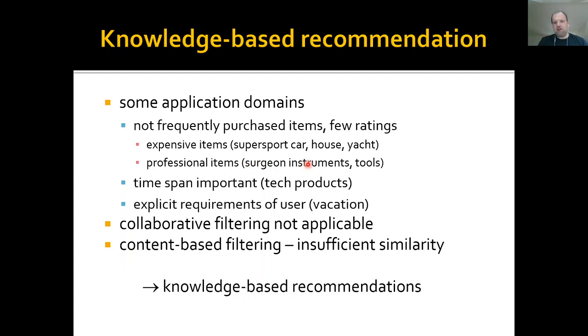The same is for professional items. If a surgeon needs some instruments, they probably will not have enough recommendations by other surgeons, or other professional tools. Also, there is a problem of time span between the products. I can have enough scores or votes, but at the time that I'm buying, there are only a few of them, because the technology is developing and I want the most up-to-date item.